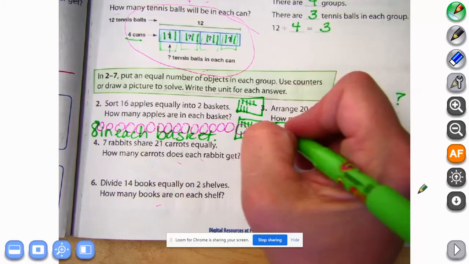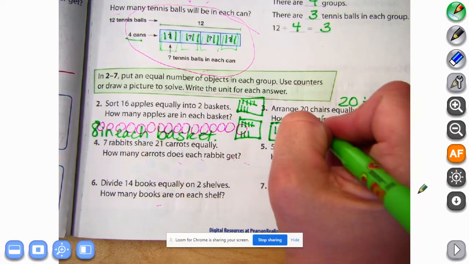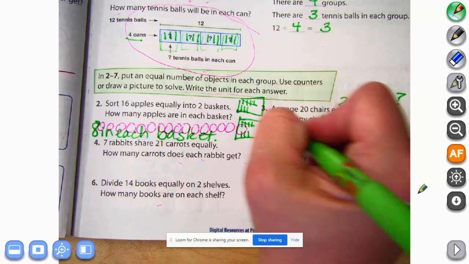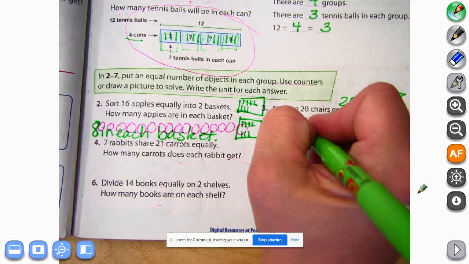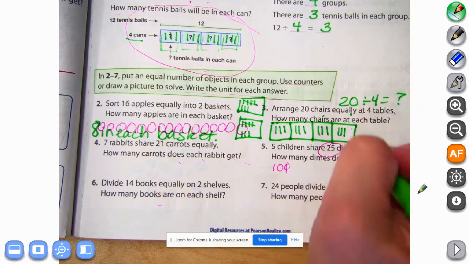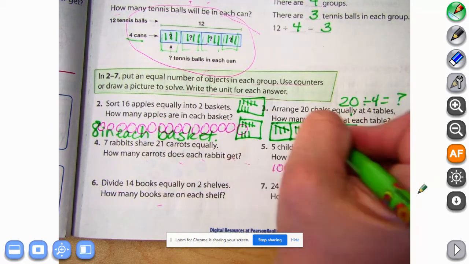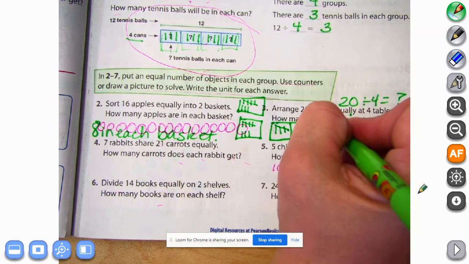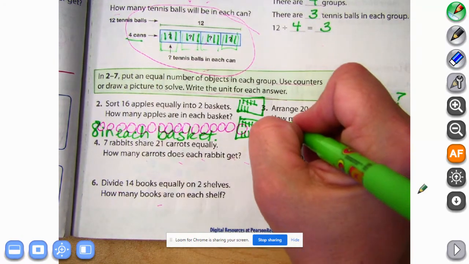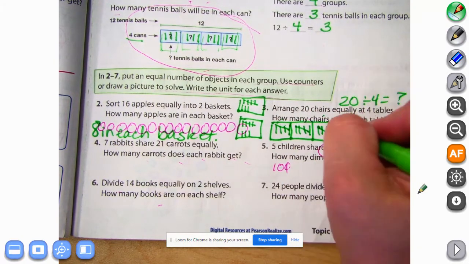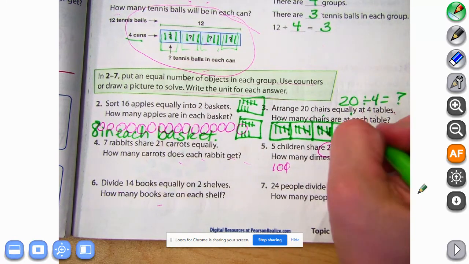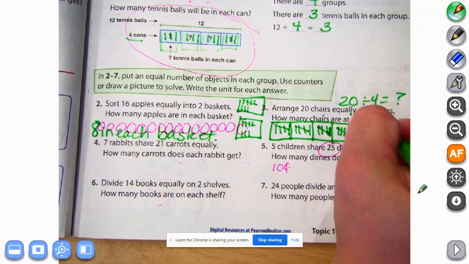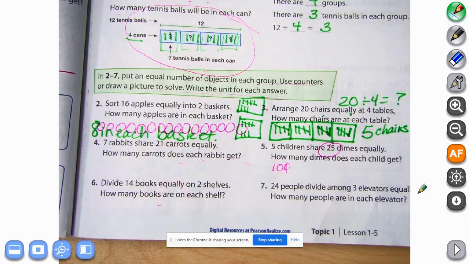And we're going to divide up 20. 1, 2, 3, 4, 5, 6, 7, 8, 9, 10, 11, 12, 13, 14, 15, 16. Oops, I have 17, 18, 19, 20. I forgot to make 4 there, didn't I, guys? All right, looks like we're going to have 5 chairs at each table.